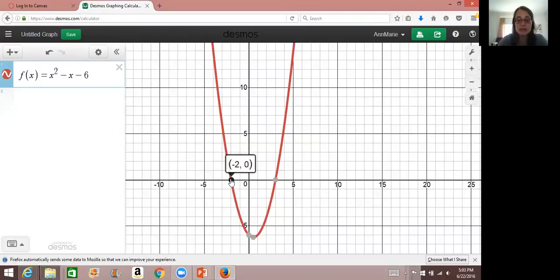This is what it means to graph a function. We are drawing pictures of all of the points for which that equation is true. Here's another one that I can read easily.